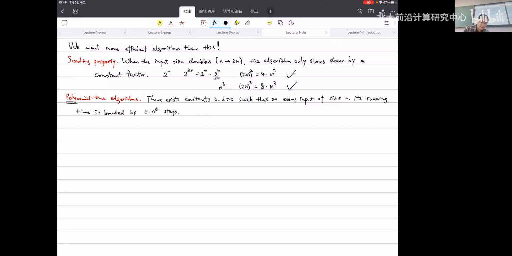For this polynomial time, the c and d are constants. And in general, we can easily see that this satisfies the scaling property.